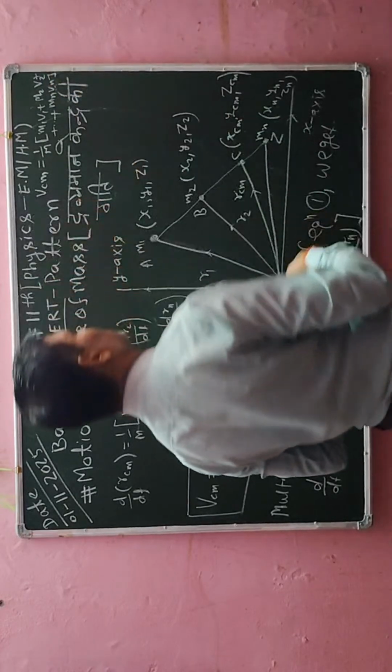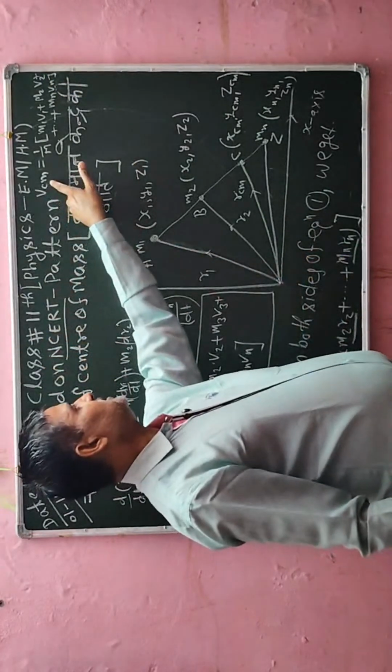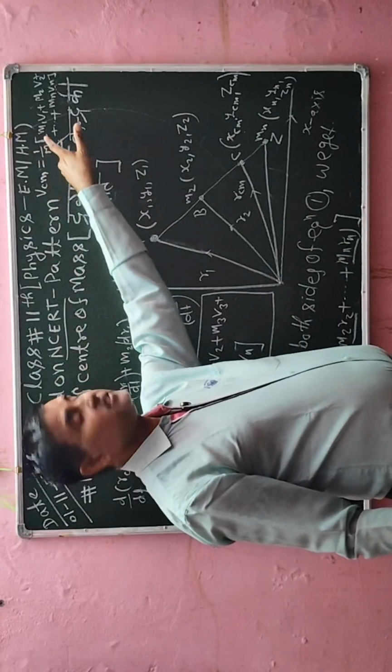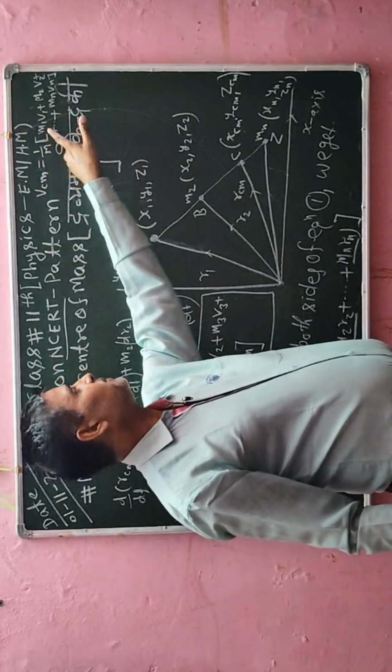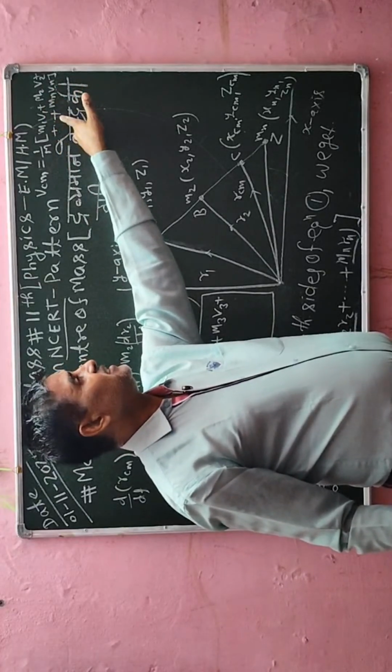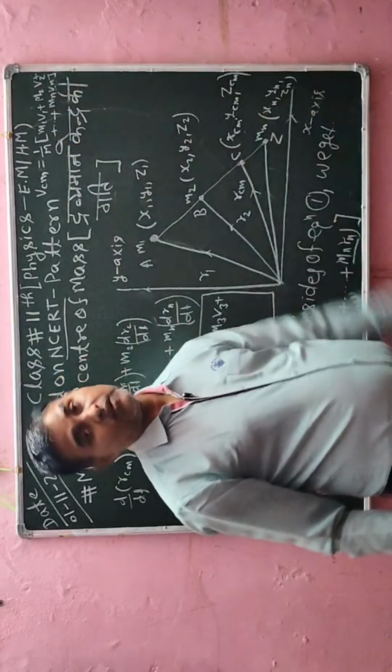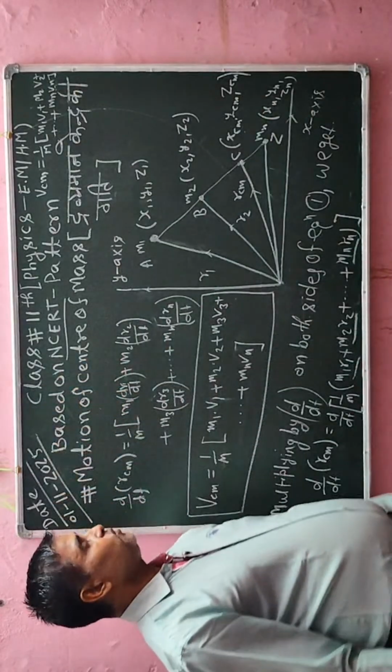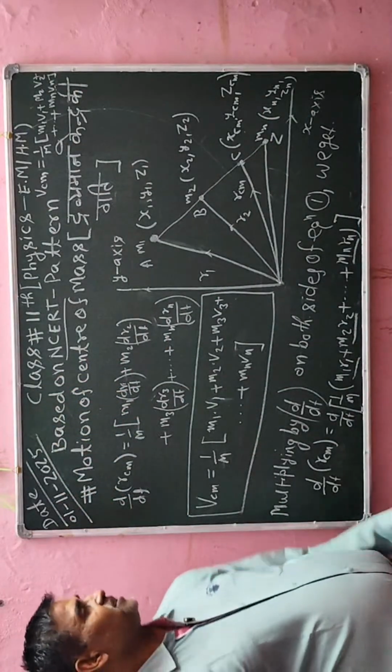I have saved it there: VCM is equal to 1 by M, in the bracket m1 v1 plus m2 v2 plus, going up to mn vn. Students, I hope you are understanding all this information clearly.